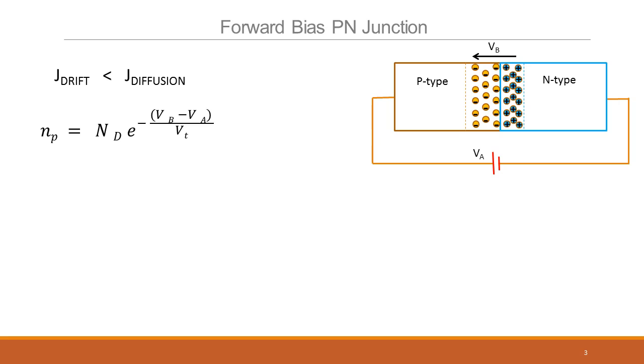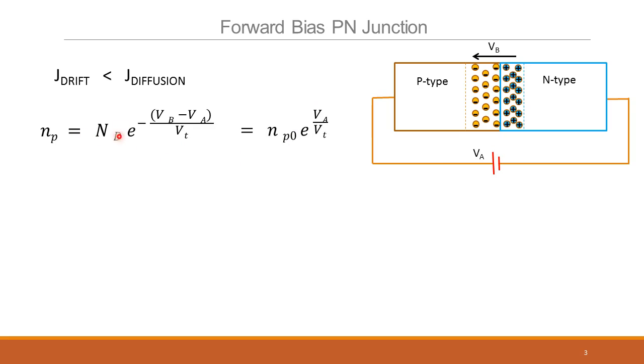So all that happens when you do this is Np, which we saw Np0 was Nd e power minus Vb by Vt, is now replaced by Np equal to Nd e power minus (Vb minus Va) by Vt. Since this Vb is now opposed by Va, the effective voltage drop is Vb minus Va, so this equation holds. Except that we have not put a 0 here because it's not zero bias, it's at some bias, which is nothing but Npo e power Va by Vt.